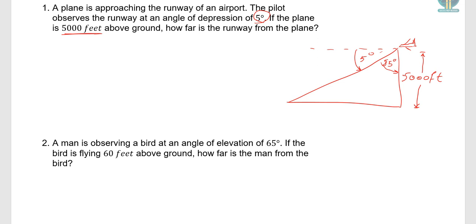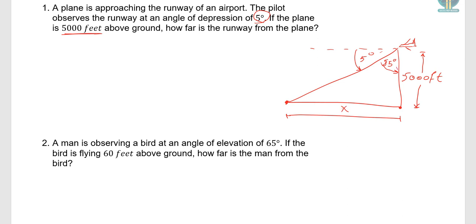How far is the runway from the plane? If this is the start of the runway, and this is where the plane is now, what is this distance? Let's call it x.